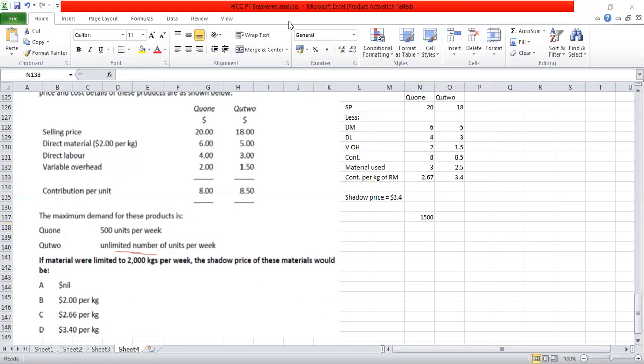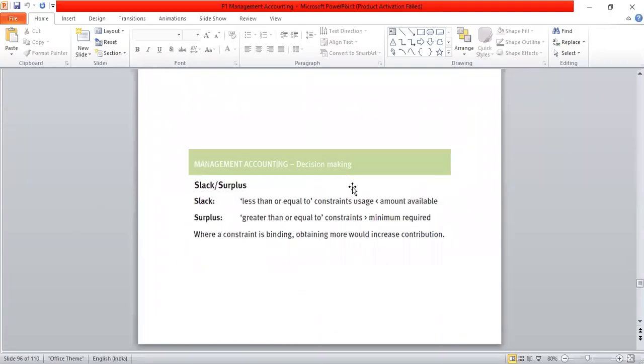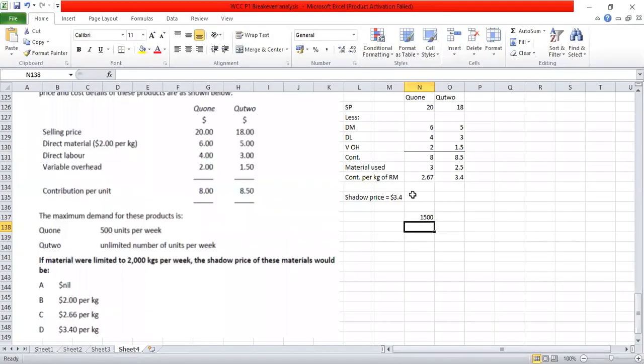It is not a shadow price. Let me put this: slack or surplus is less than or equal to constraint usage or amount available. There is a slack in case of Q1. But for Q2 there is no slack, because there is no restriction that only 500 units will be sold.